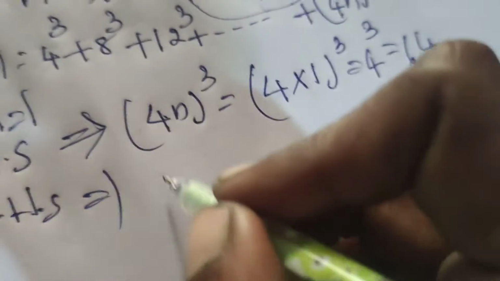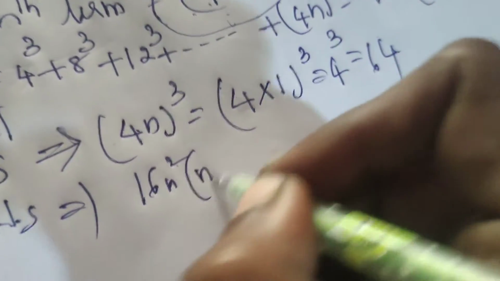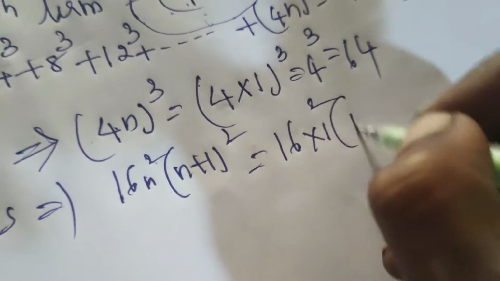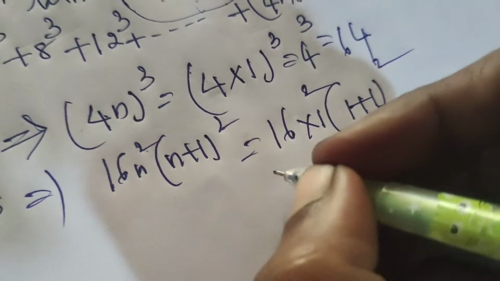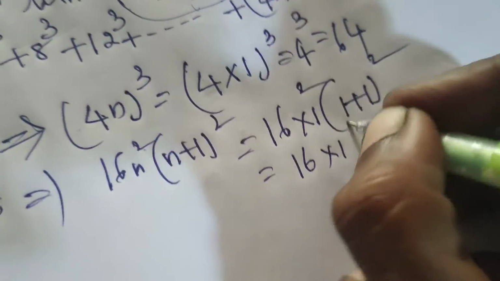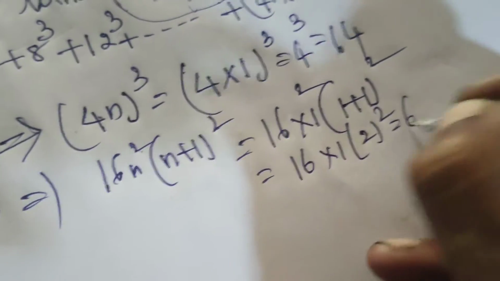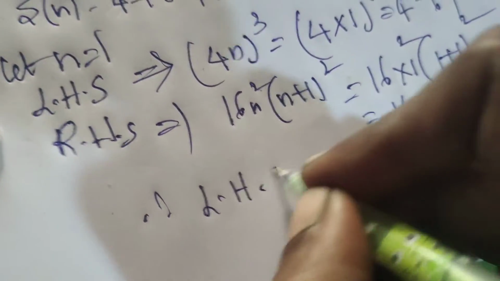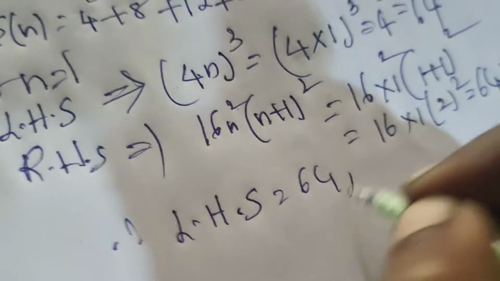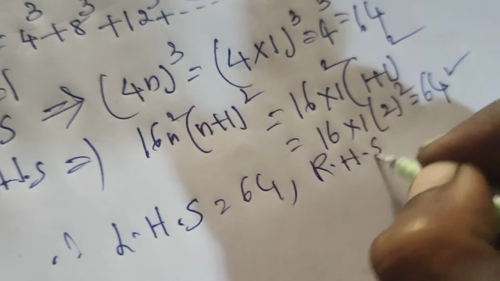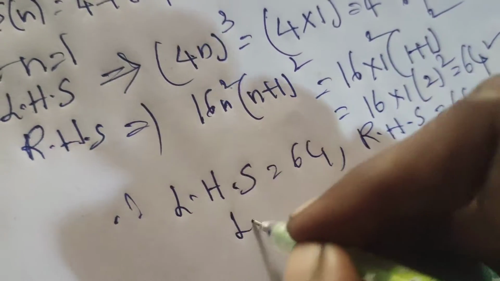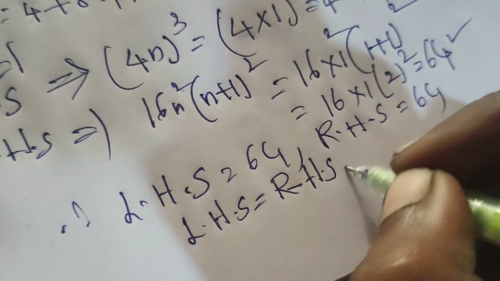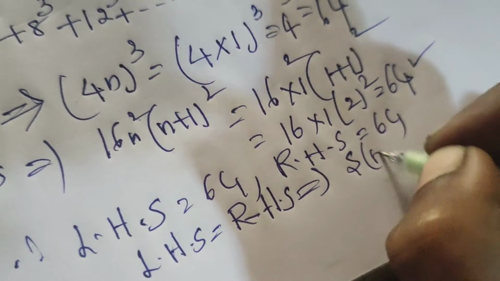RHS implies 16n square into n plus 1 whole square, that is 16 into 1 square into 1 plus 1 whole square, that is 16 into 1 into 2 square, 16 fours are 64. Therefore LHS is 64 and RHS is 64. Therefore LHS equals RHS.